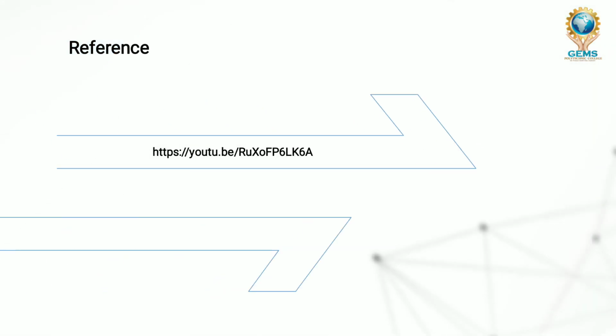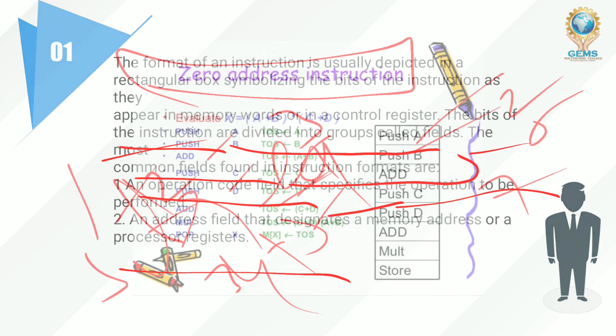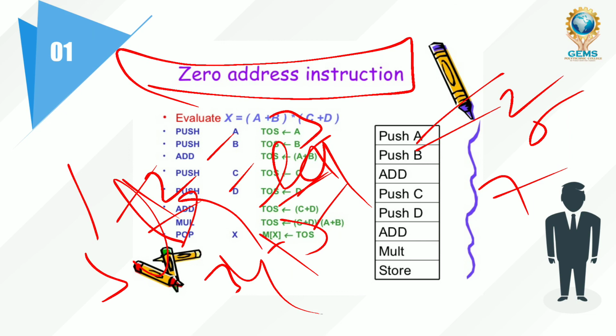What are we actually talking about here? We're talking about the zero address instruction. Zero address, one address, two address, three address, based on the addresses. We classify four different kinds of address instructions.